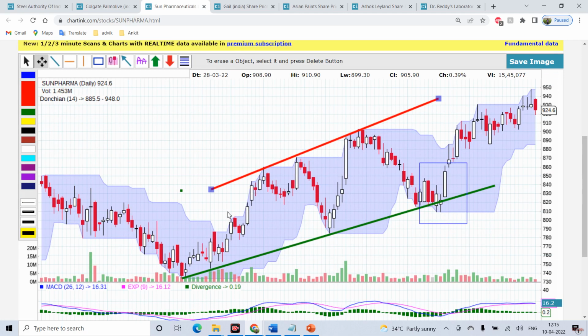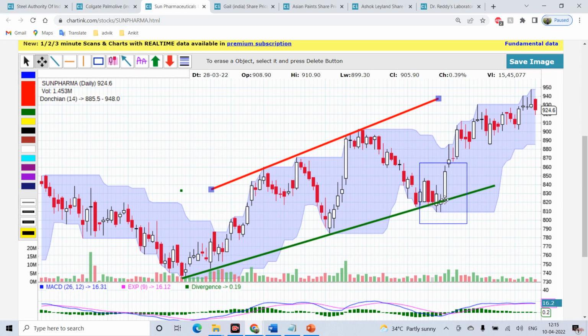Sun Pharma. This time it's in a trending range, but on the upside it's making higher tops and higher bottoms. So if you have seen this trend here, this is the time you can enter, where it tested the trend 4-5 times, broke for 1 or 2 days, but recovered quickly.